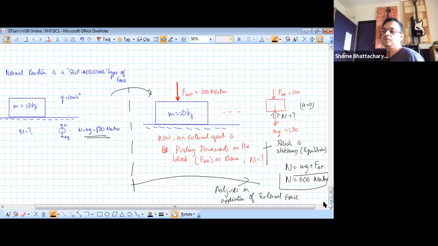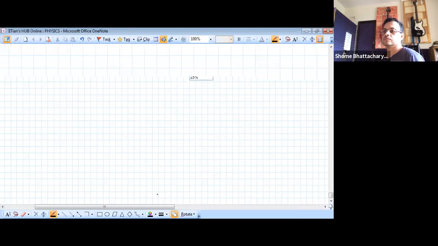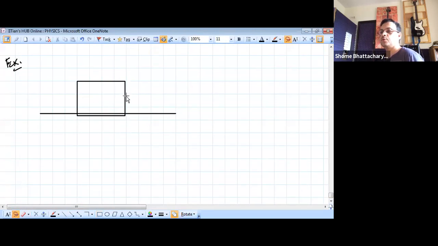Now let's see another example. Now this time, it's again pretty much the same situation. Now this time additionally I'm specifying that this is what we call a smooth surface.